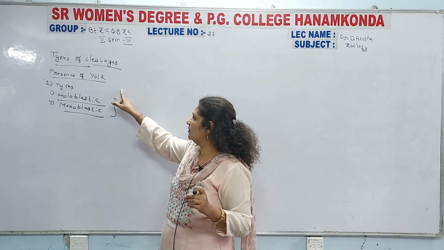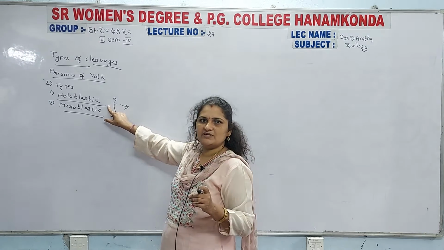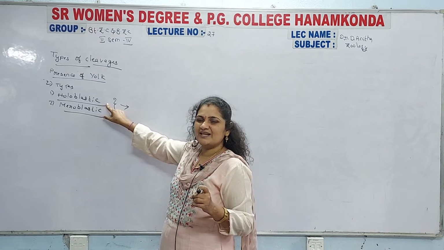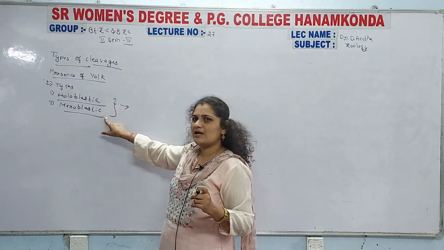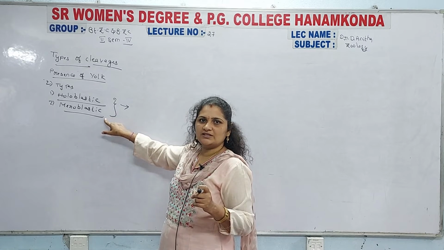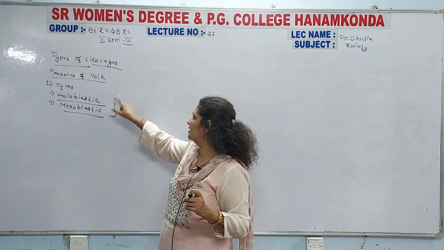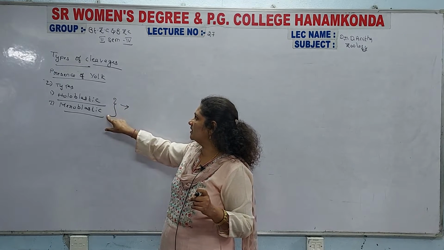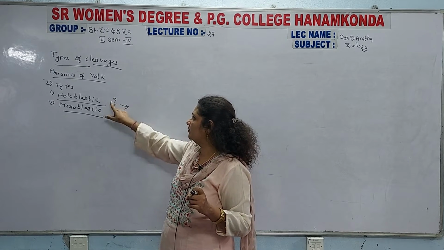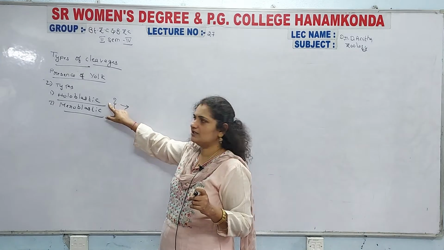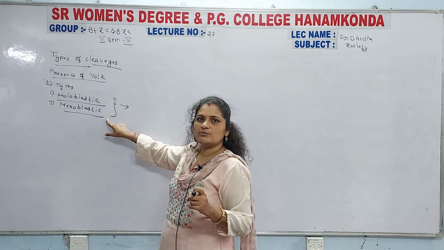By the presence of yolk, holoblastic cleavage contains a lesser amount of yolk, and in meroblastic cleavage the eggs contain a large amount of yolk. Based upon this, the cleavage is again of two types: one is holoblastic cleavage, another is meroblastic cleavage.